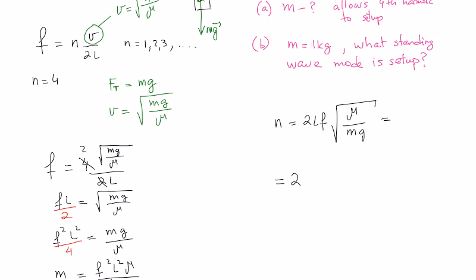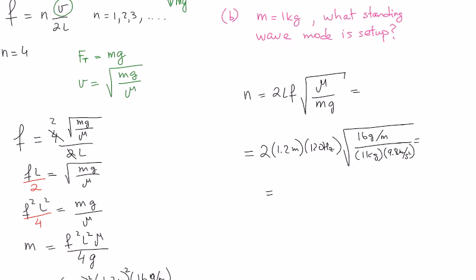So we have 2 times 1.2 meters, times 120 hertz, times the square root of 16 grams per meter divided by 1 kilogram, which is what's given to us, times 9.8 meters per second squared. Let's punch this into a calculator and we will get about 11.6, which is impossible.